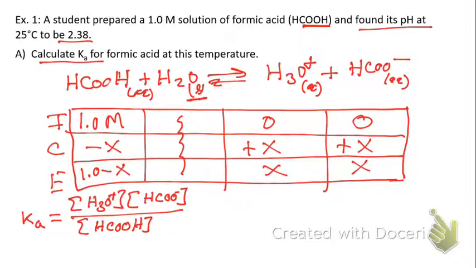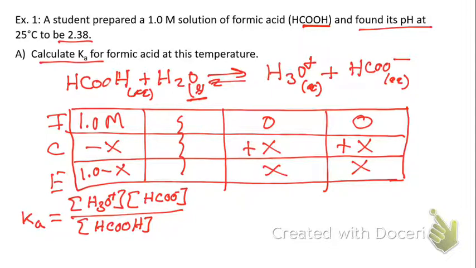Now, we have Ka that we have to find, and X. So we actually have 2 variables that we need to calculate. Do we have any other information that could help us calculate X so that we can find Ka? The answer is we do, and that is the pH.